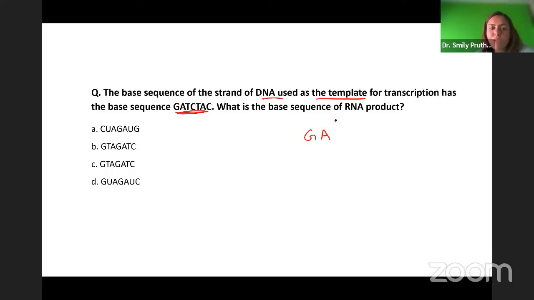So let me discuss it and check yourself whether you did it this way or not. So if it is GATCTAC, 5' here and 3' here. When the sequence is given, 5' 3' is not given usually in the question. So 5' on left hand side and 3' on right hand side, obviously. Whenever the direction is not given, we will write it this way.